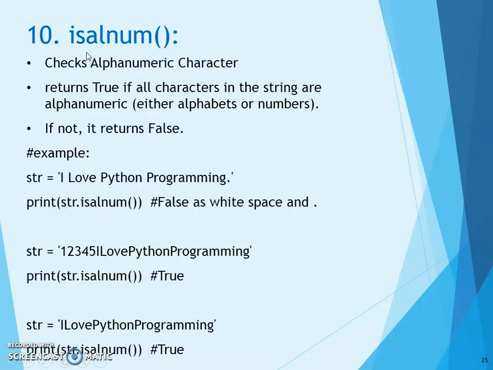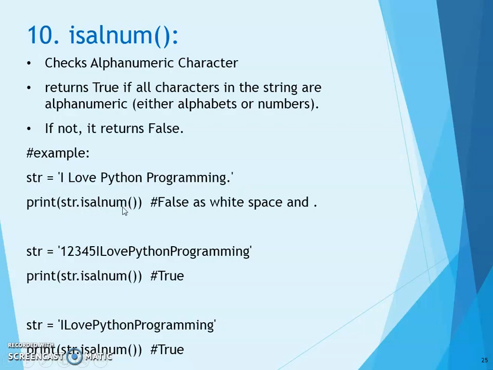The next method is isalnum. It will check whether the string has all alphanumeric characters, that is, alphabets and numbers. If all the characters are alphabets or numbers, then it will return true. Otherwise, it will return false. Now we will check it here. This is our original string and we want to check whether this str is alphanumeric or not.